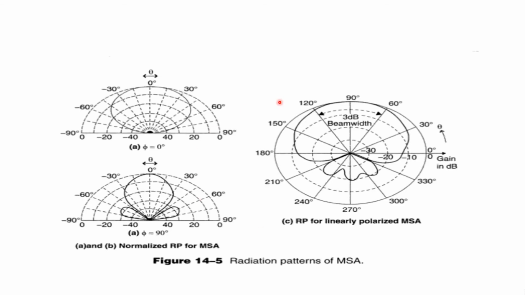So this is basically how the radiation pattern of the antenna will be, and it can achieve a very wide beam width. That is the advantage of having a microstrip patch antenna.